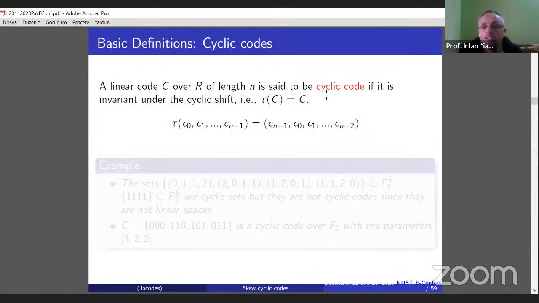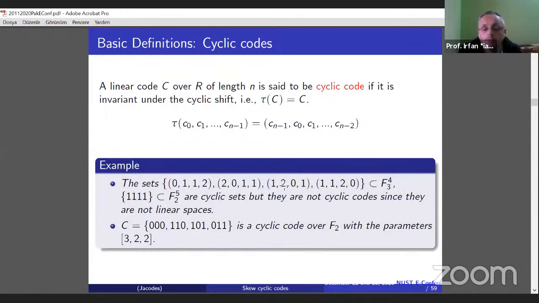Okay, so what is a cyclic code? A cyclic code is a linear code first, but when you do the right cyclic shift, it closes, it's invariant. So it is inside the set again. So under this map, the code C is invariant. So here is an example, with ternary, Z3 or F3, with n-tuples. So this is a linear code, but more than that, it is cyclic.